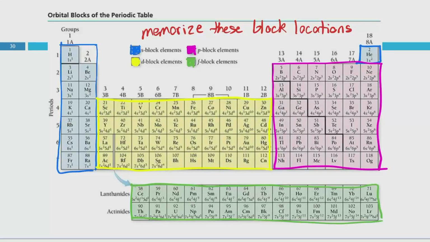How many electrons can we fit into our S subshell? We've got 1 orbital. 1 orbital can hold 2 electrons. And so our S block is 2 elements wide, because that represents 2 electrons that we can put into our S block. Our P block is 6 wide.